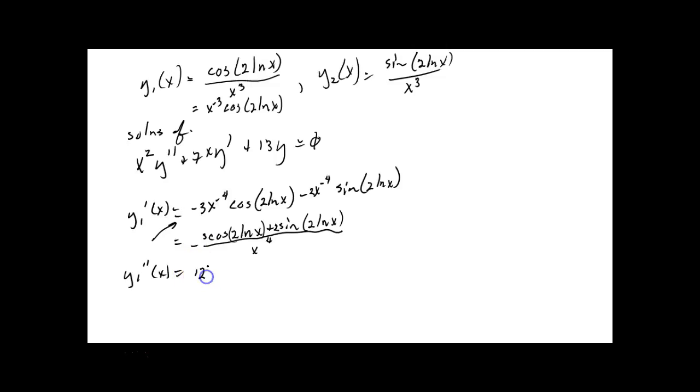12 to the negative 5 times cosine 2 log x, okay, plus, okay, all right, you're doing plus a negative 3.